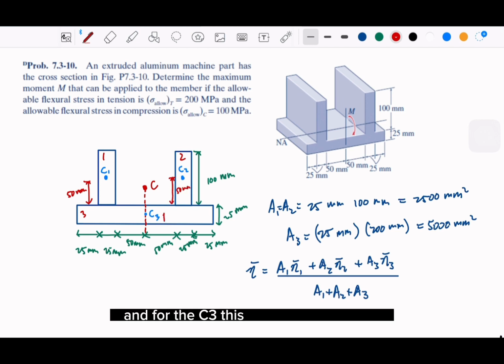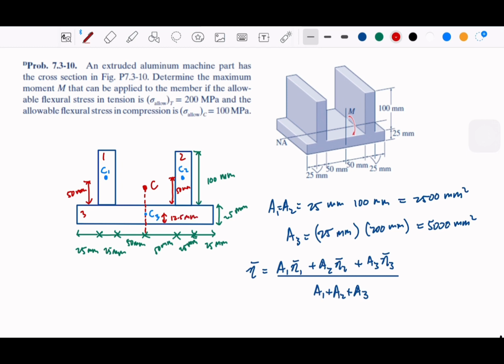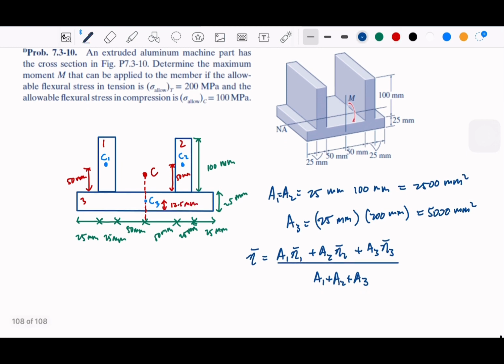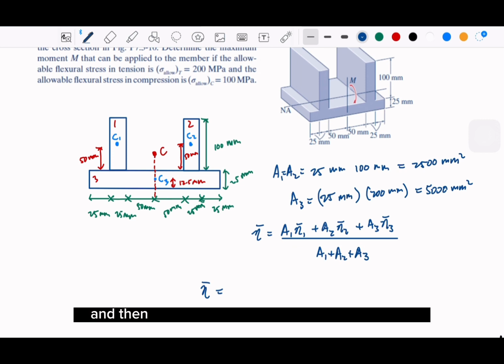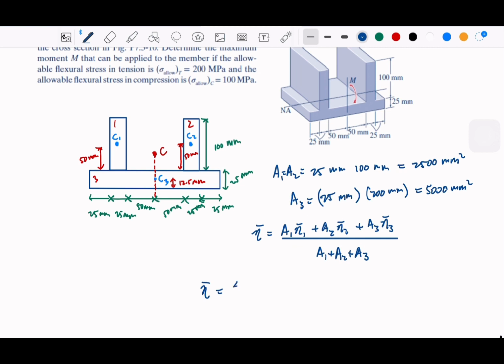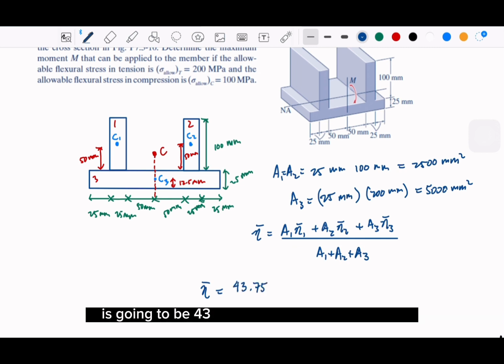And for C3, this will be half of 25, which is 12.5. So we plug in all the information: distance 1 is 50, distance 2 is 50, distance 3 is 12.5 millimeter. Plug in the numbers and divide by the total area. You get that the result is 43.75.